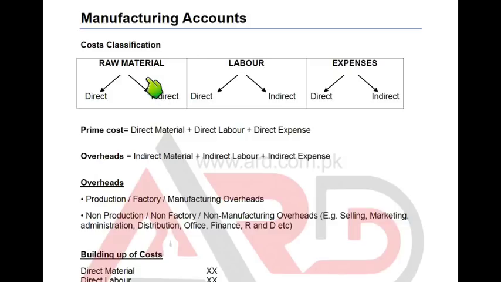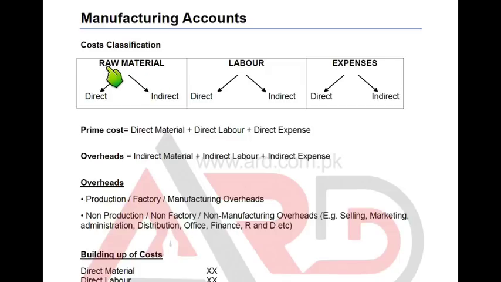See, there are three basic elements of cost, such as raw material, labor, and expenses. If we walk into a factory where some products are made, maybe garments or textiles, such as a shirt or jeans, there are three elements.